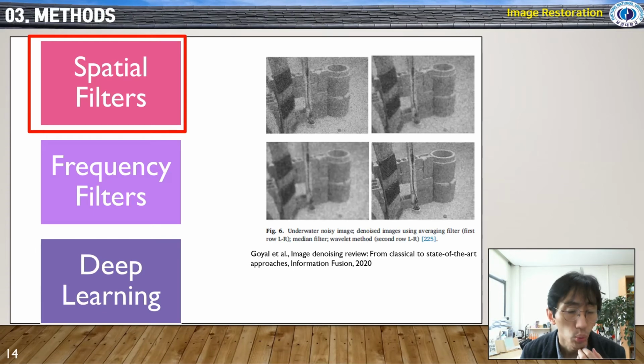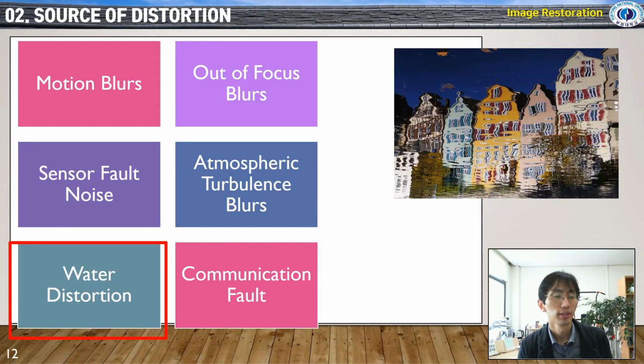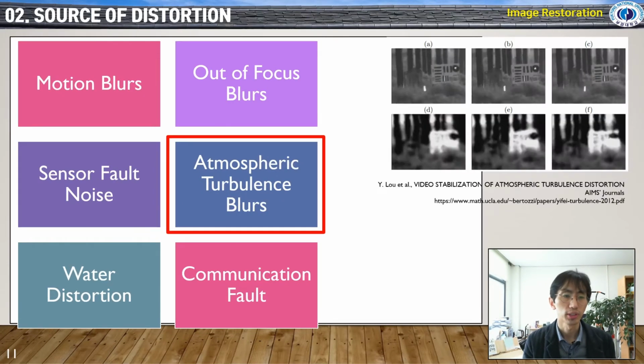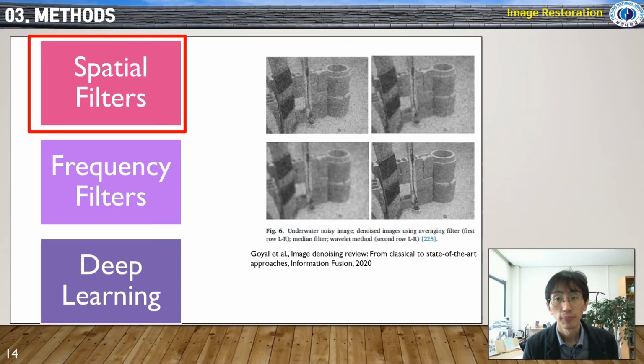Okay, then we want to solve these problems, right? There are many types of distortions, and there are many solutions these days. Not all, but most of the solutions can be categorized into 3 types. The easiest one is the spatial filters.